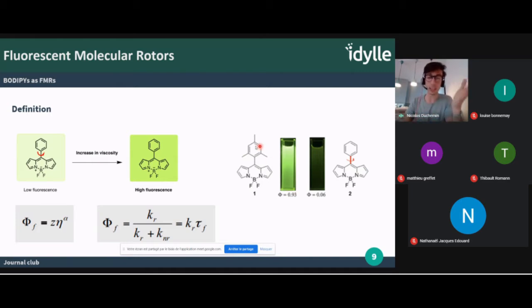And that actually illustrates the fact that in very viscous medium, these solvent molecules can actually play the same role as these methyls here. They basically block and just hamper the rotation.